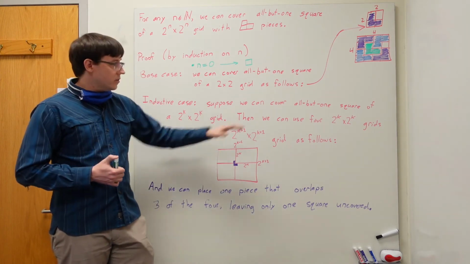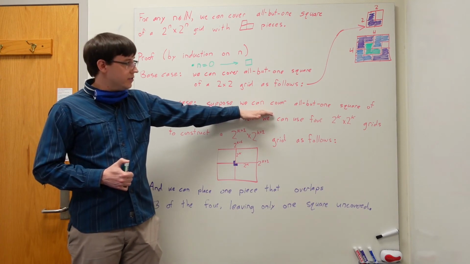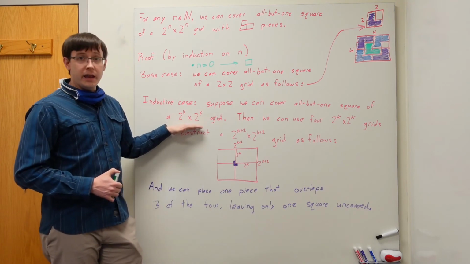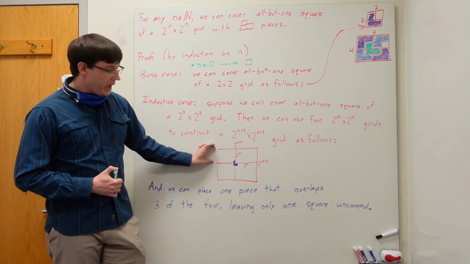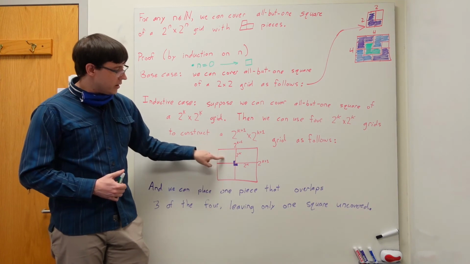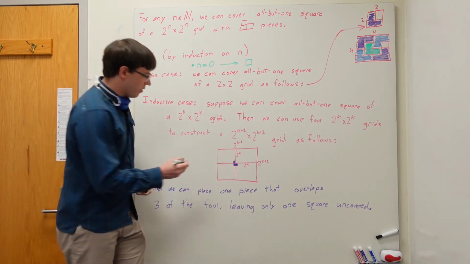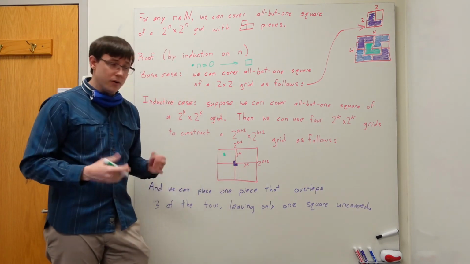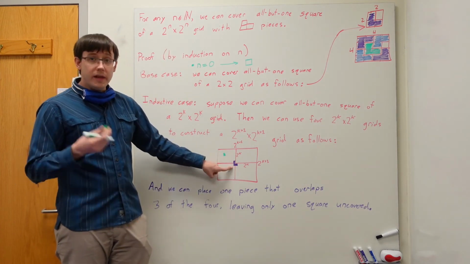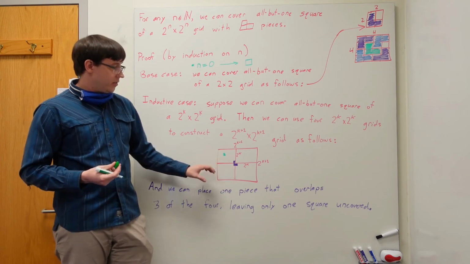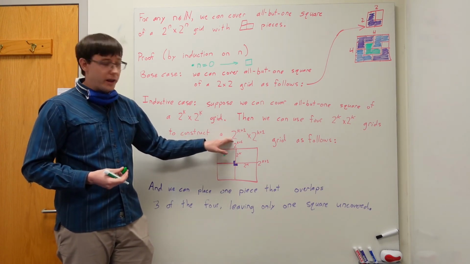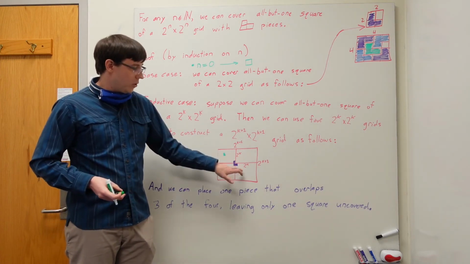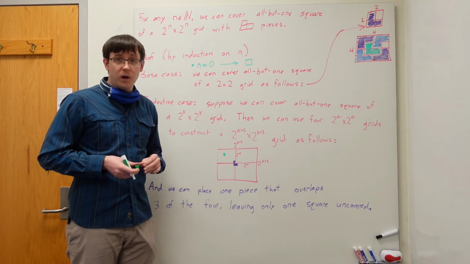It might be the case, based on our inductive hypothesis, where we assume we can cover all but one square of a quarter-size grid, that the only way that we're able to cover this 2 to the k by 2 to the k grid is leaving something in the middle uncovered. And if that's the case, then our approach for building the k+1 size grid doesn't work because there's no single piece that we can place to overlap the holes in 3 of the 4 subgrids.